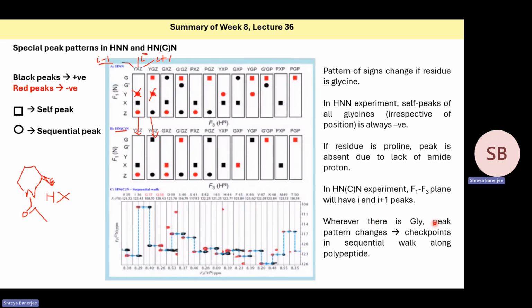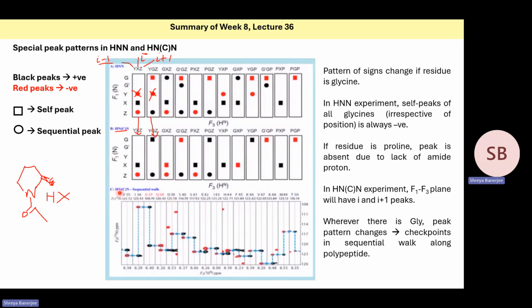Now, whenever there is a glycine, the peak pattern changes, and this is a checkpoint in a sequential walk along the polypeptide. So what does this mean? We will look at that right now. Here you have a polypeptide. The sequence is given above. V is valine, I is isoleucine, G is glycine, and the number is the residue number in the polypeptide chain.